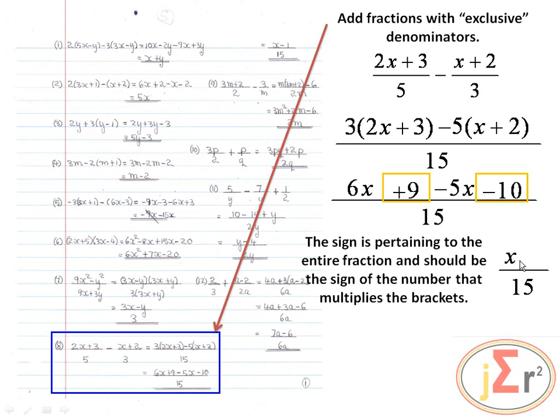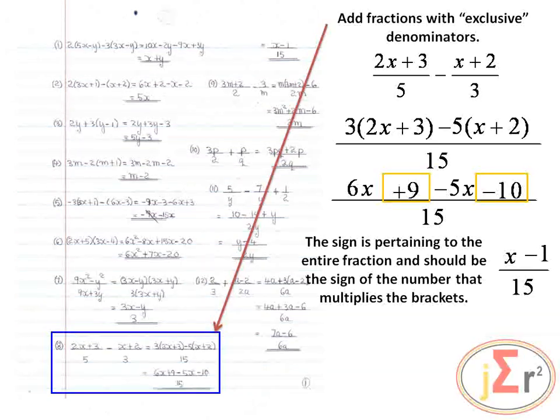The answer will be negative, and we take the smaller one from that. But we just do not jump and subtract smaller from larger. When do we do that? We do that when the signs are different. And of course, the signs are different on this occasion. A negative 1.